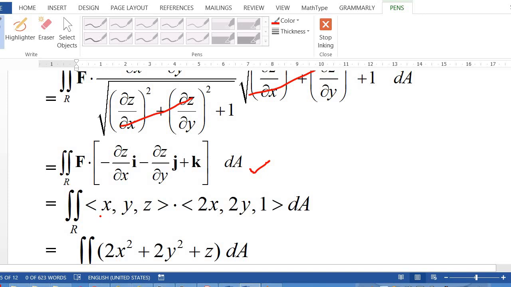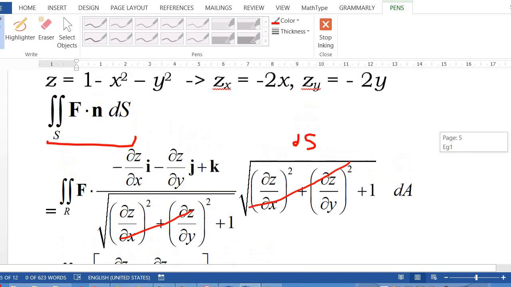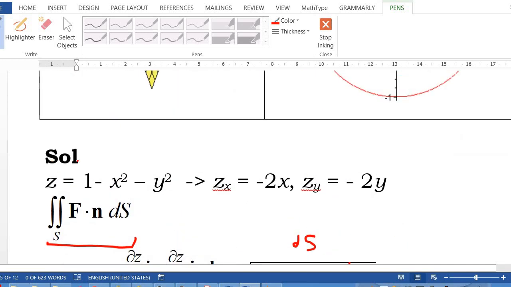Plug in the vector field. F given is xi plus yj plus zk. You need to find del z del x and del z del y. To find them, express z from the surface as given, in the nice form z equals 1 minus x squared minus y squared.